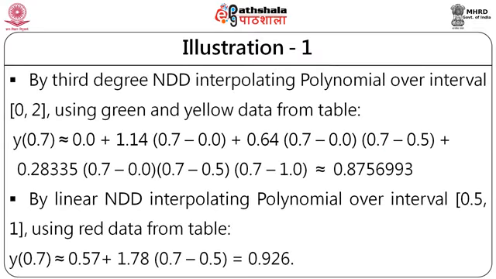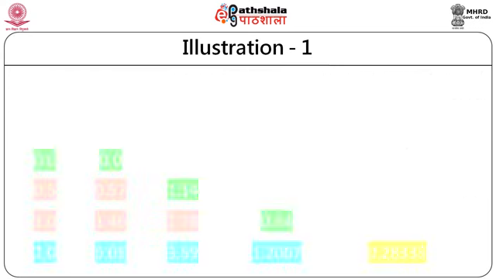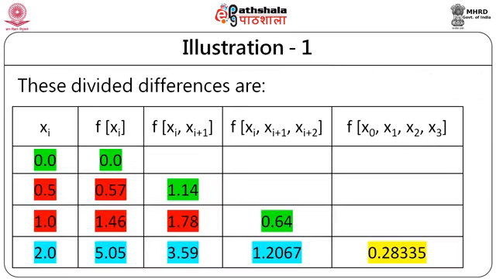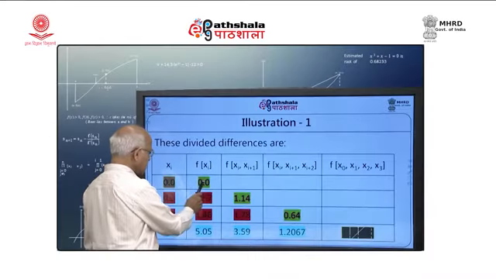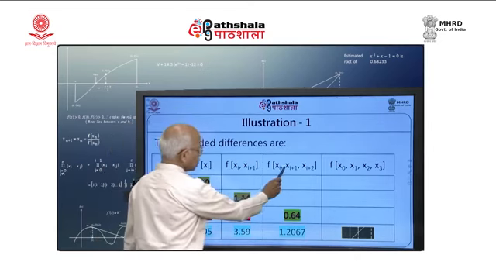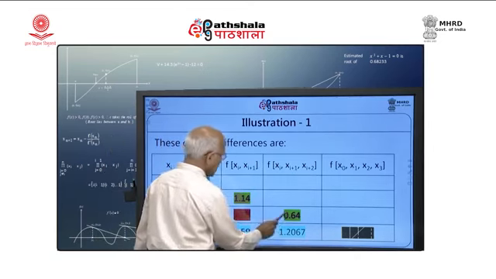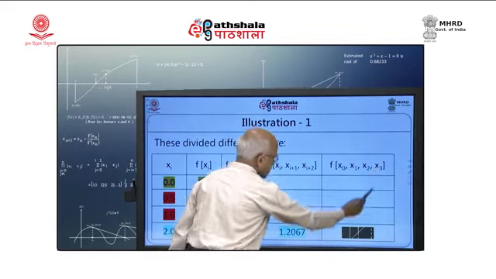We are going to use them now in finding various degrees of Newton's divided difference interpolating polynomial. So, for the third degree Newton divided difference interpolating polynomial over the interval 0 to 2, what data do I have to use? I have to use f[x0], that is this, f[x0, x1], that is this, f[x0, x1, x2], that is this, and f[x0, x1, x2, x3], that is this.